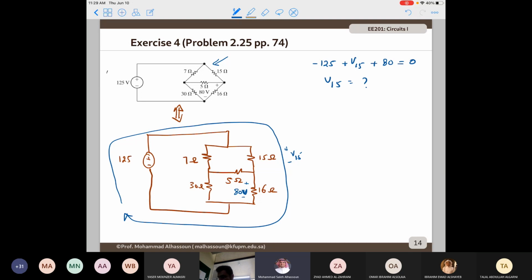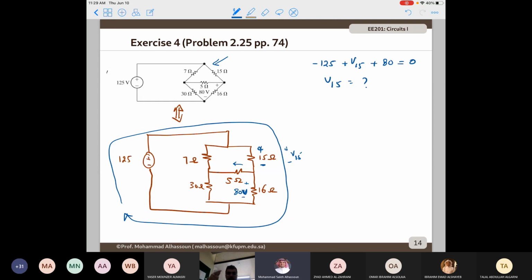Then the next step, now you know V15, you know 80, you can find the current here. You can find the current passing through both resistors, 15 and 16, by applying Ohm's law. So now you can use what you know to find the current passing through the 5 ohm resistor by applying KCL.